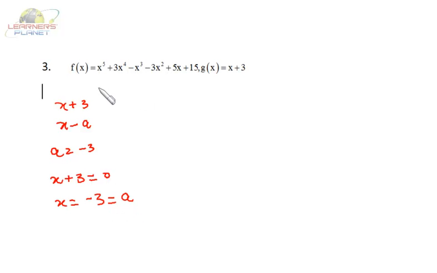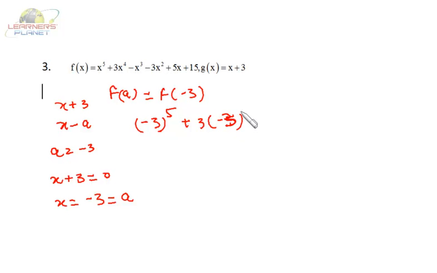So we have to calculate f(a) or f(-3). So let's put the value of x as minus 3. So it's (-3)^5 plus 3 into (-3)^4 minus (-3)^3 minus (-3)^2 plus 5 into (-3) and plus 15.